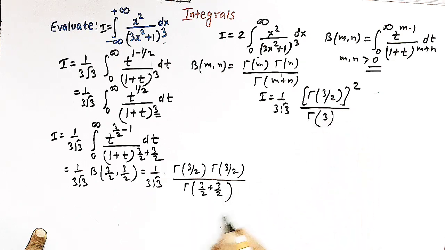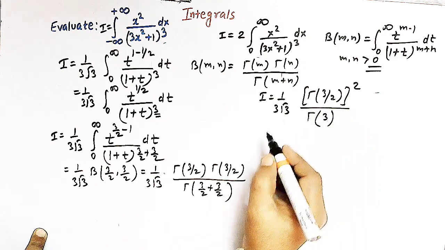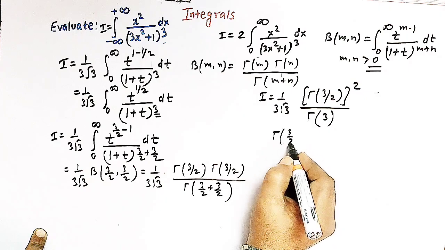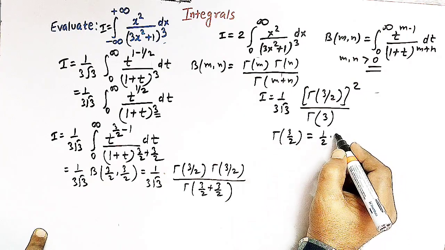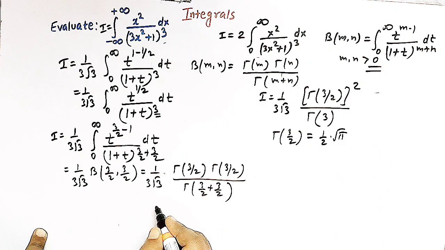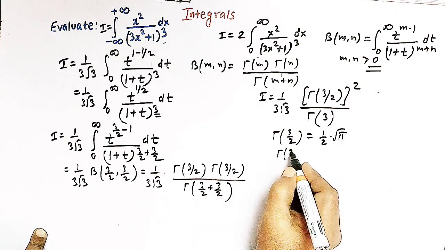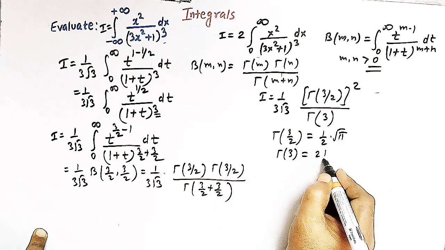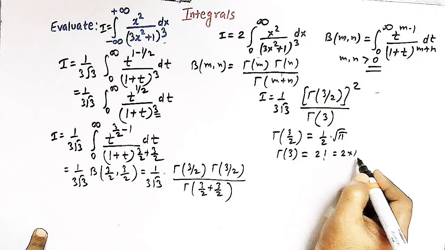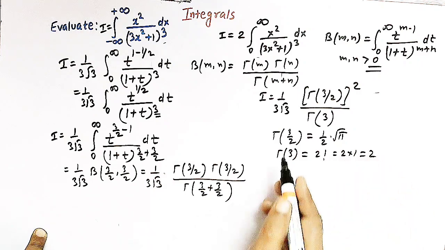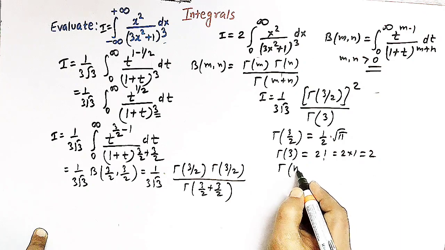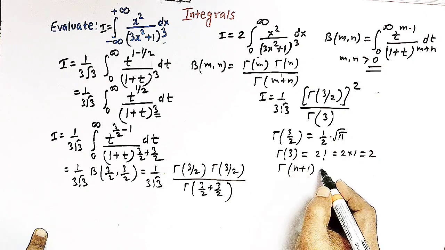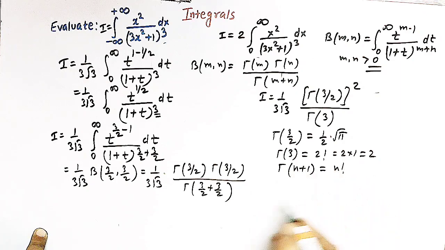Now gamma 3 by 2 is equal to half times square root of pi. And gamma 3 can be written as 2 factorial, that is 2 times 1, which is equal to 2. Here we have used this result, that gamma n plus 1 is equal to n factorial.